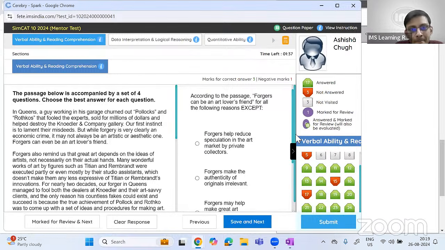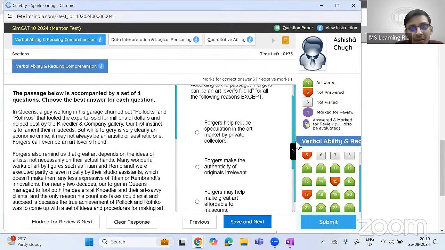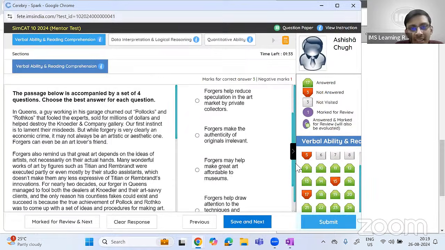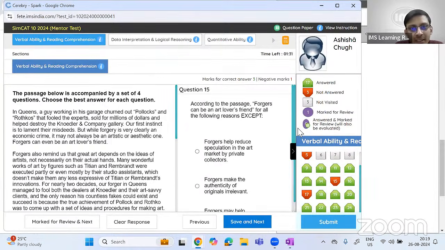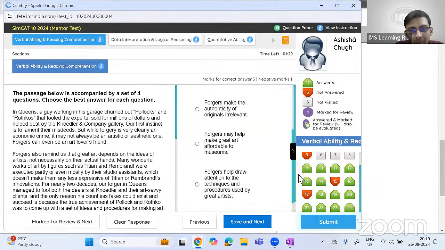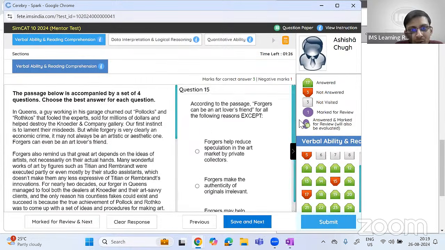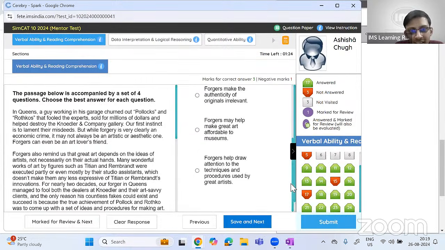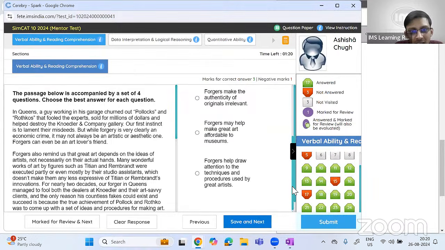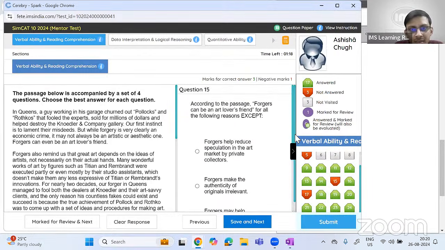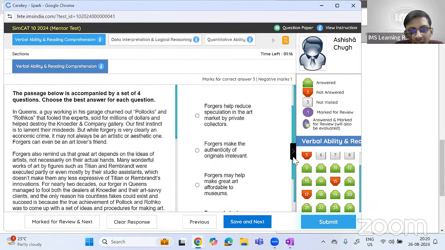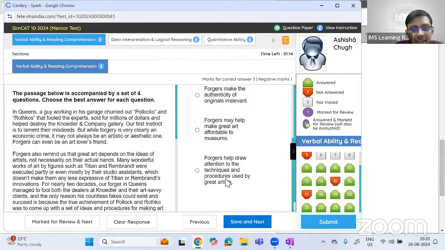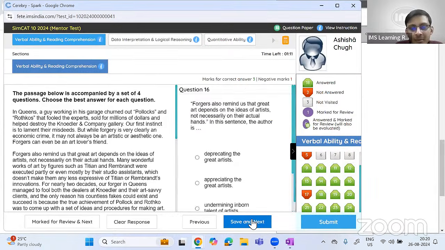Mm, okay, art lovers will love that also because then they'll get more exposure to it in the museums. May help make great art affordable. That is also there. I think first three options I can eliminate. Help draw attention to, I don't think that was there. First three options I can definitely eliminate. So the fourth one seems to be reasonable.